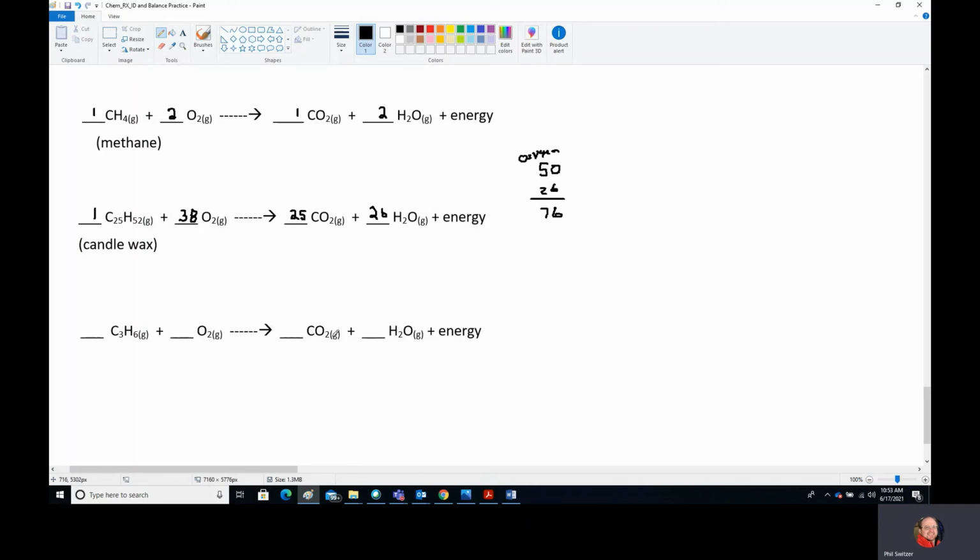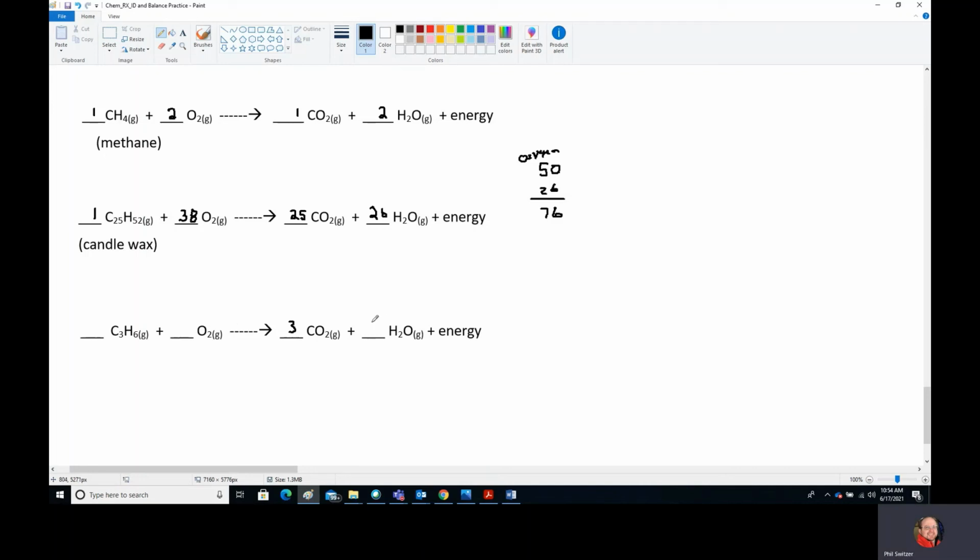Last one here, 3 carbons. Again, it's one. I just feel that we might need to do some doubling here, but let's just go with what we're saying. So 3. Again, be comfortable enough. You might have to turn this 3 into a 6, but let's start here. 3 carbons. Let's do the hydrogen. 6.